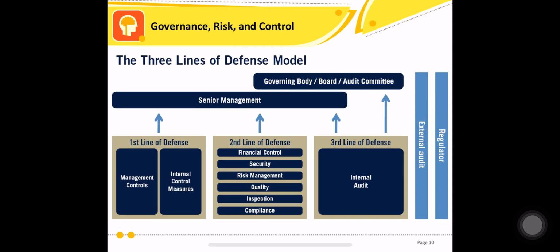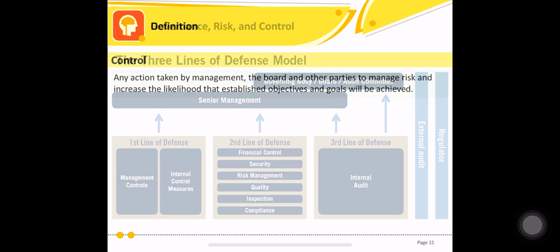Now we're gonna focus on the first line of defense, which is the internal control measures or internal control system. Remember, the first line of defense is technically the first line. Kaya nga siya first, kasi first line. So the first line of defense is there to be the one who will manage yung control, yung risks, and the one who is gonna implement yung controls. So there.